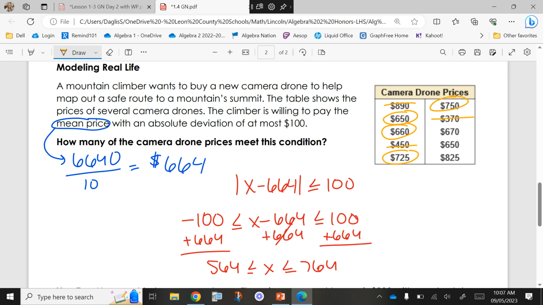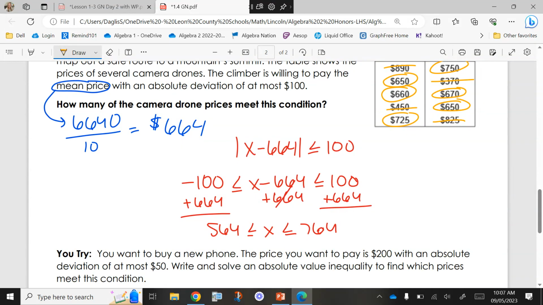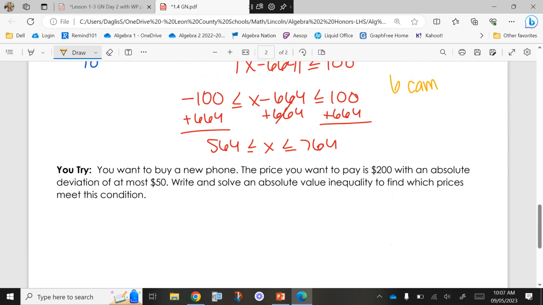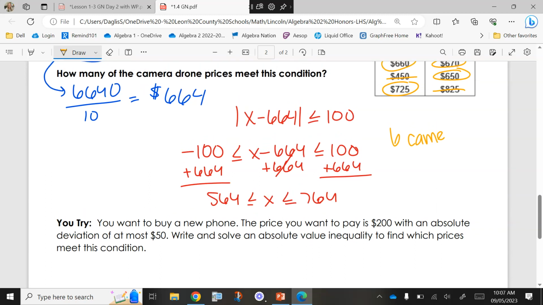No. 670? 650? 825? No. So six cameras. That went from 10 to 6. Six cameras meet the price deviation.